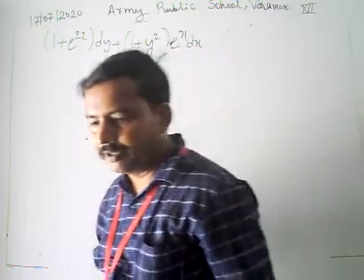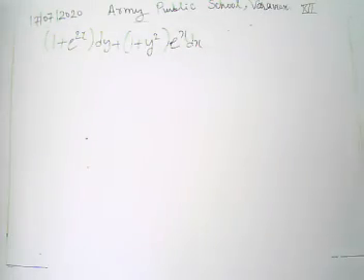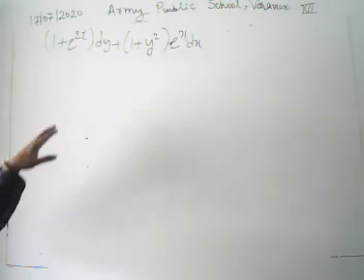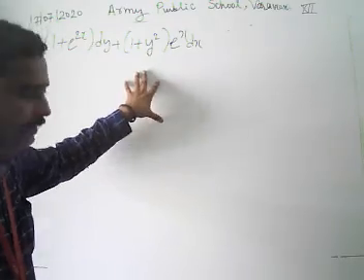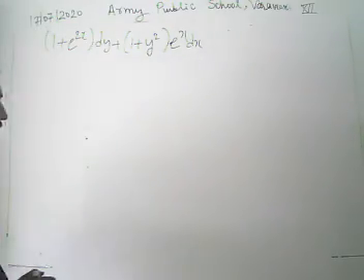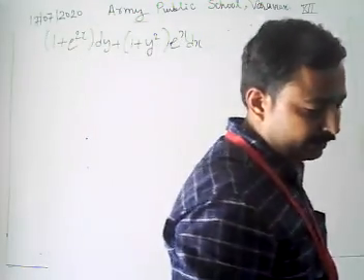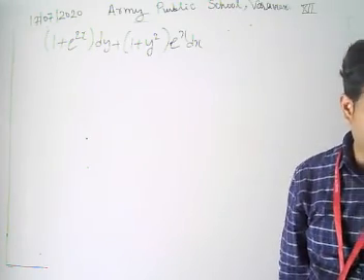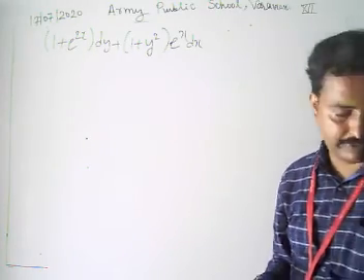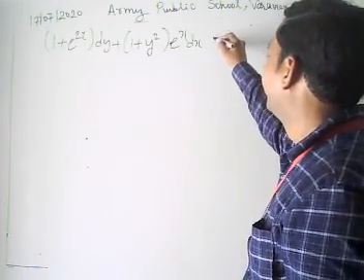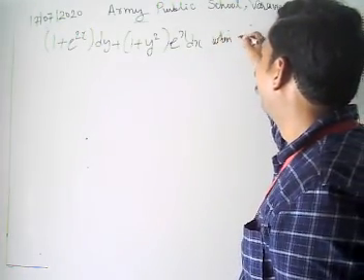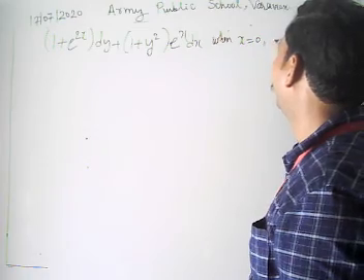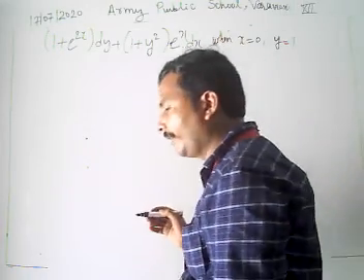Look, we have been given a problem here: 1 plus e to power 2x dy plus 1 plus y square e to power x dx. We have to solve it, asked in one of the last board examinations. It is also given that when x equals 0, y is equal to 1.